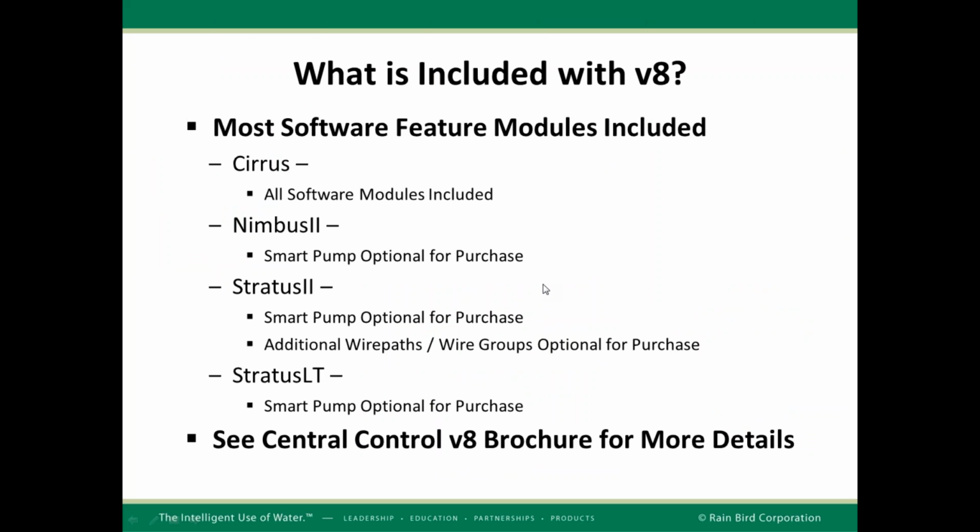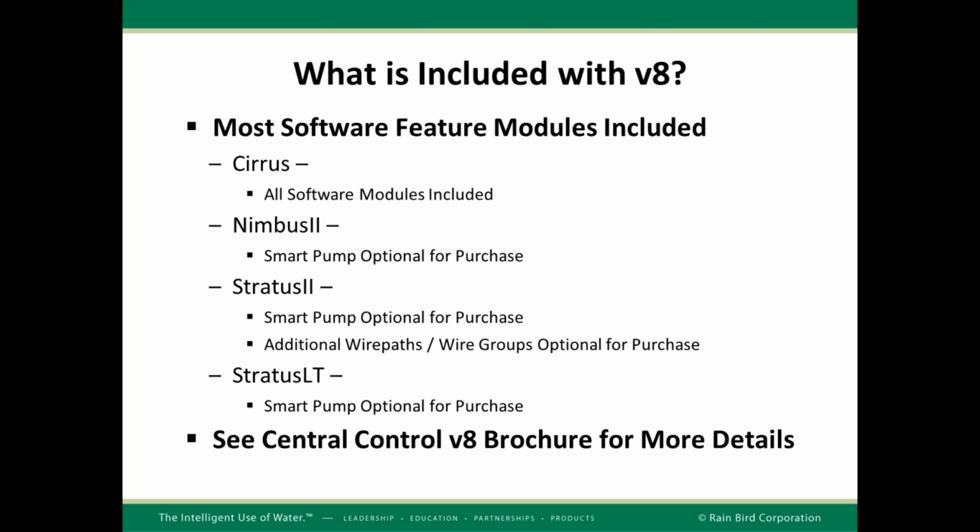Some of the other things going on with version 8 is most of the software feature modules are now included. For Cirrus, if you buy Cirrus, you have all of the modules included. Nimbus 2, you have all of the previous add-on software key code modules included, except for Smart Pump. Smart Pump is still an option and available for purchase.